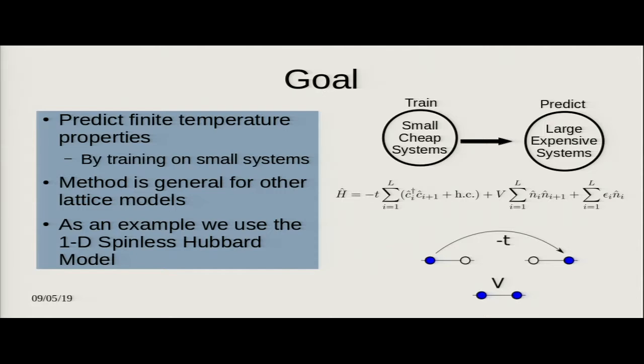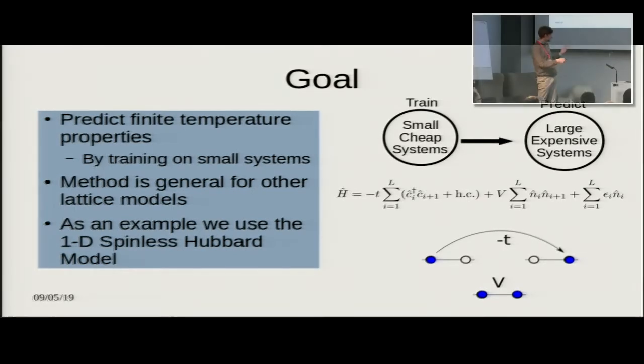If you have an electron on a site, it can reduce its energy by hopping to a neighboring empty site, and it reduces it by t. Then you have an interaction term, where V is the strength of interaction. If you have two neighboring electrons, the energy increases by V. And finally, we have the on-site energies multiplied by the particle number operator.